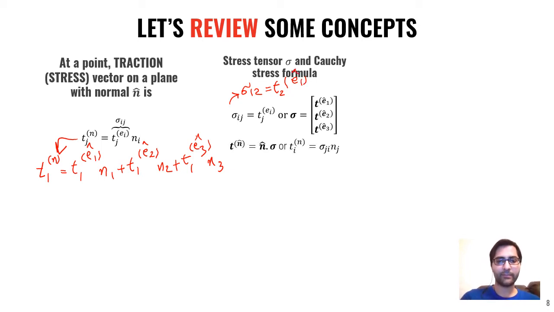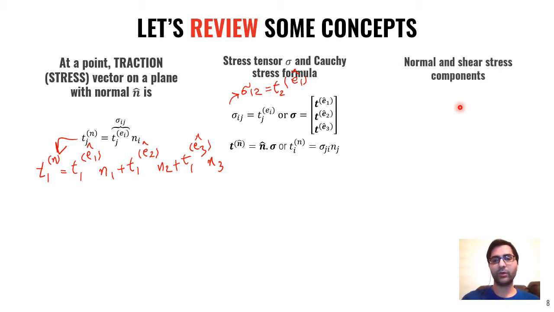And the Cauchy stress formula says the traction vector on any surface is equal to the normal vector of that surface dot the stress tensor at that point.